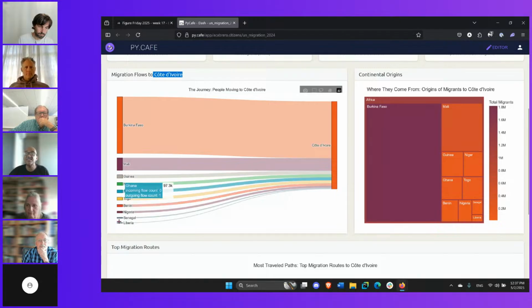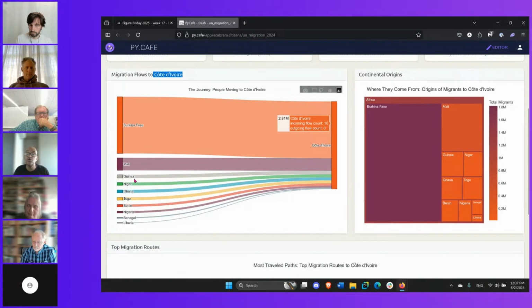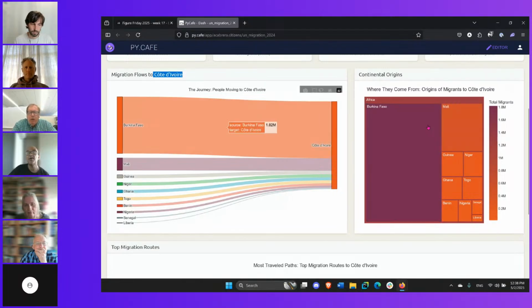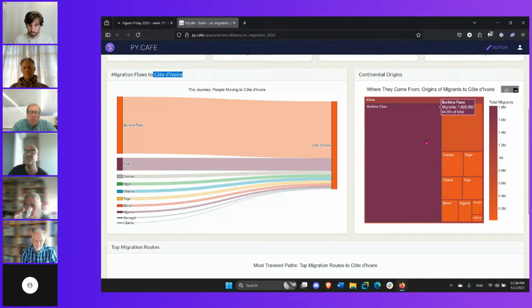Interesting, because you can see in the tree map the amount of people, and which continent most people come from. If you put Africa, for instance, Burkina Faso represents 64.8 percent of total people going to Côte d'Ivoire, but Africa is 99, 100 percent in Africa.